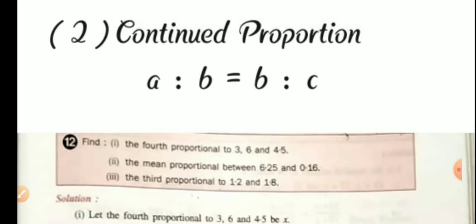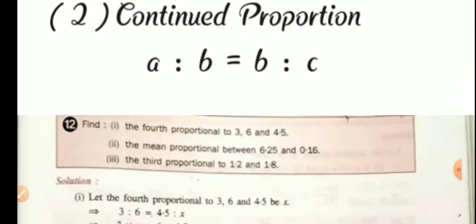One more thing to pay attention to: the first proportional is written at first place, the mean proportional takes the second and third place, and C, the third proportional, is written at fourth place. Keep these points in mind, students.